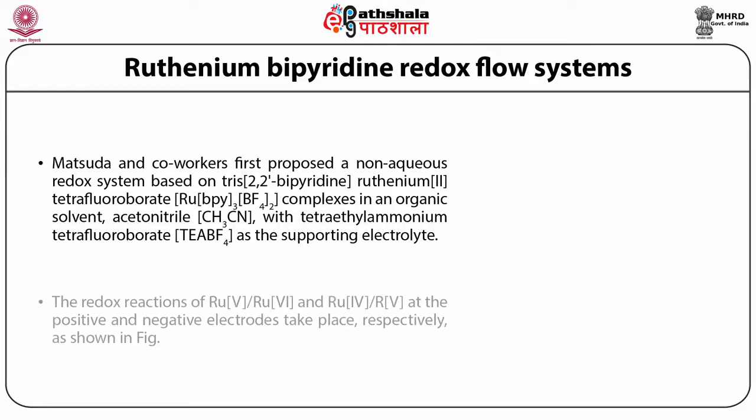The redox reactions of Ru(III)/Ru(II) and Ru(II)/Ru(I) at the positive and negative electrodes take place respectively, as shown in the figure below.